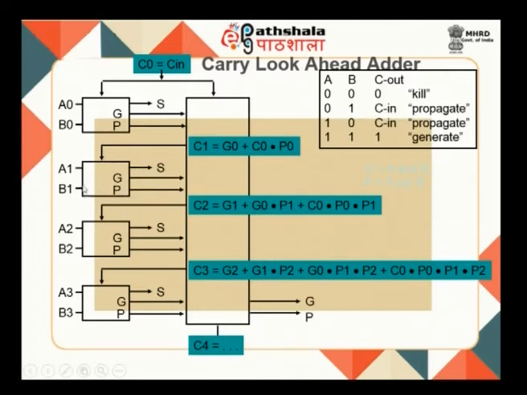Say for example, you are looking at this block, you have a carry getting generated out of this block. It is either that this block itself generated the carry using your A1 and B1. So, if both A1 and B1 are 1s, then this block itself is going to generate the carry bit. On the other hand, if only one of them is a 1, then it will combine with the input carry bit that comes in and it will try to propagate this carry. So, that is also possible. So, your carry out can generally be written in terms of the generate function and the propagate function, and this holds good for any block.